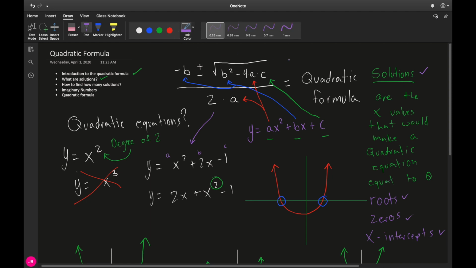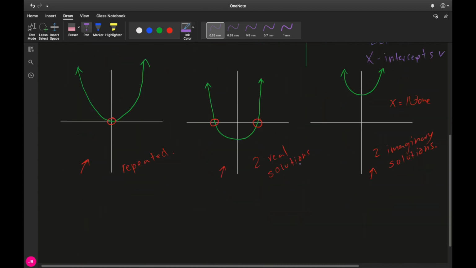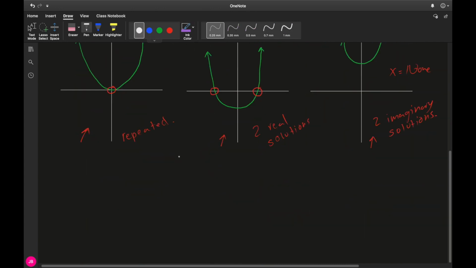And the discriminant is this part right here. Technically, just what's underneath the square root sign. So let's once again write down our quadratic formula. And this time I'm going to write in a different color what the discriminant is.